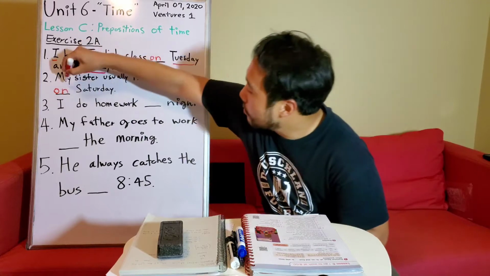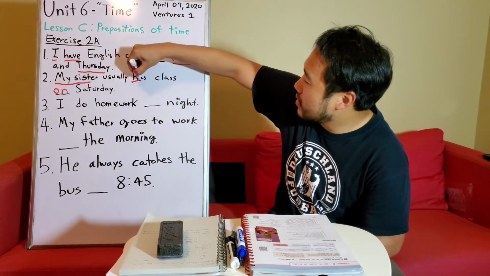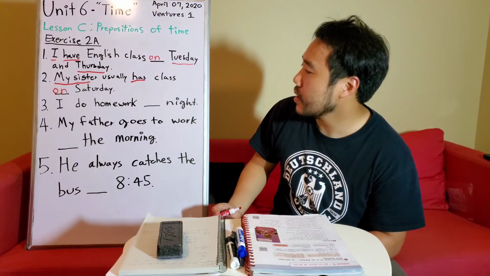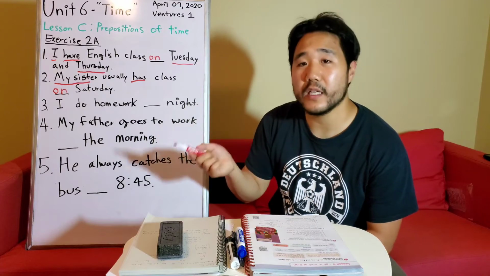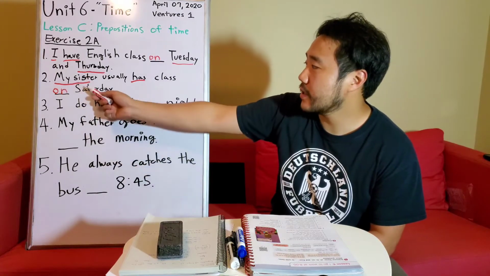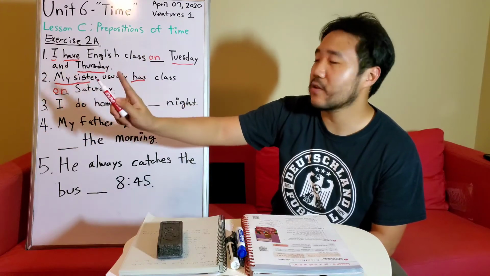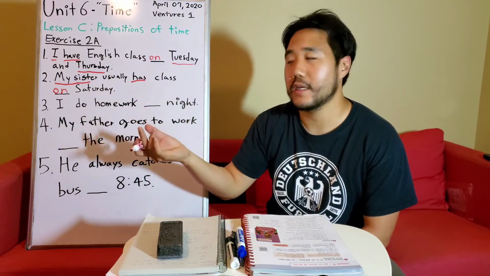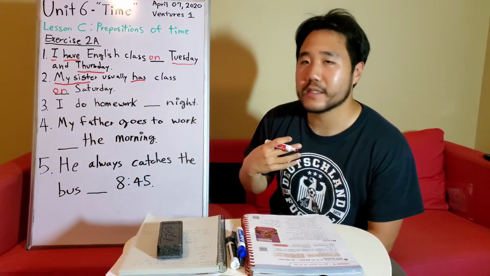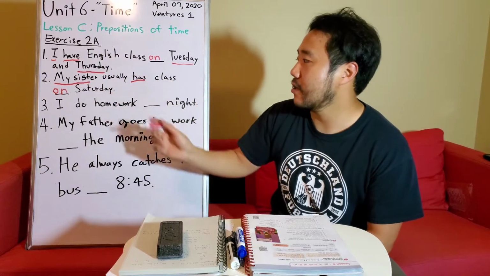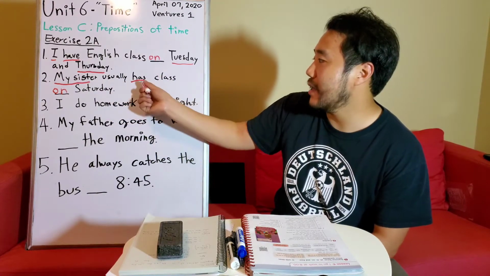And here, my sister goes with has. I did mention that you only use has for he or she, but in this case, my sister is singular, and sister could be replaced with a she. She usually has class on Saturday. My sister usually has class on Saturday. So we are able to use has. Not have, but has.